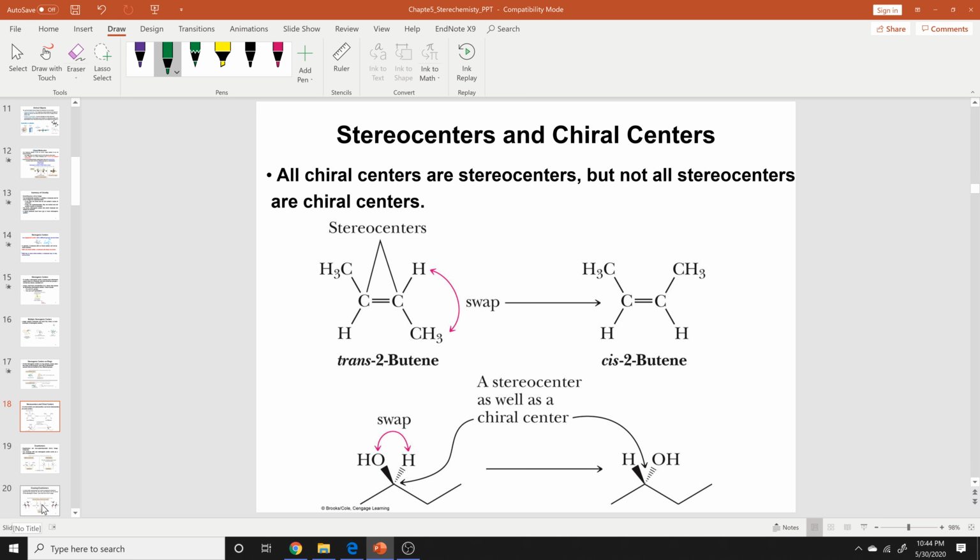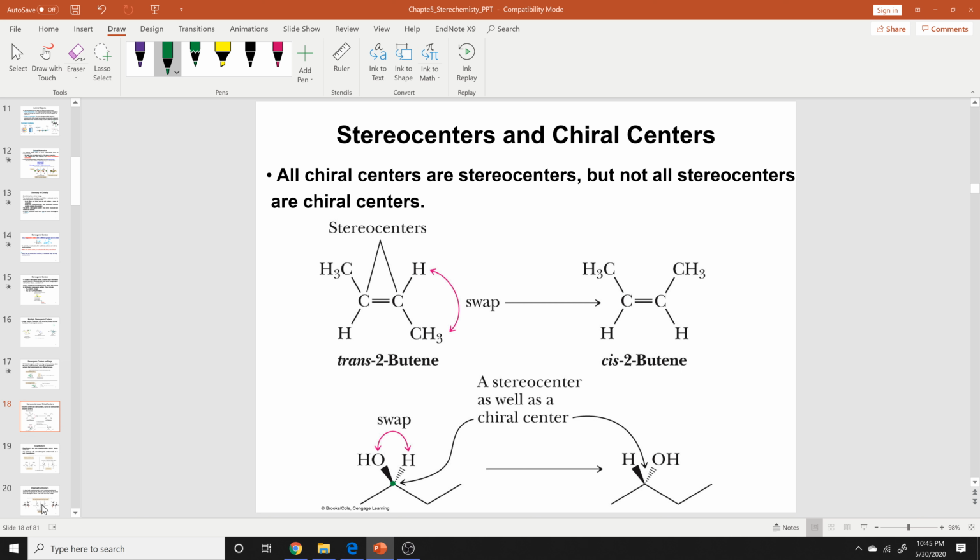Normally, all chiral centers are stereocenters. So this one over here for this carbon is a chiral center, and at the same time, it is a stereocenter. Why is it a stereocenter? Because I do have orientation of the groups around it. I have the hydrogen behind and the OH in front in one structure, and in another structure, I can simply swap them and make the OH be behind and the hydrogen in front.